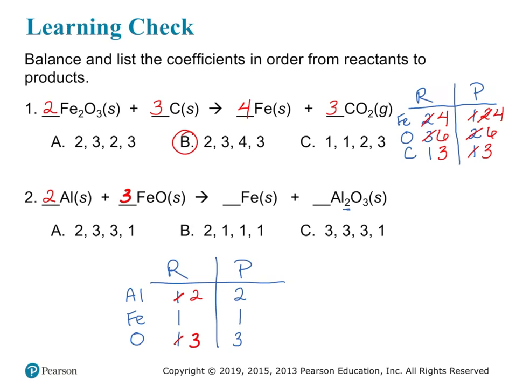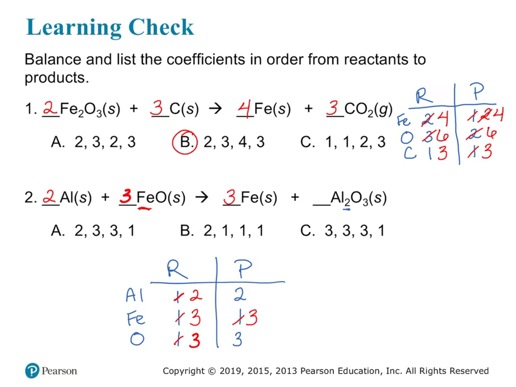But again, we're multiplying a compound by 3. So we also have 3 iron atoms now on the reactant side. Okay, so aluminum's balanced, oxygen is balanced, but iron is not balanced. Luckily, iron is by itself in the products, so I'm just going to multiply that by 3.